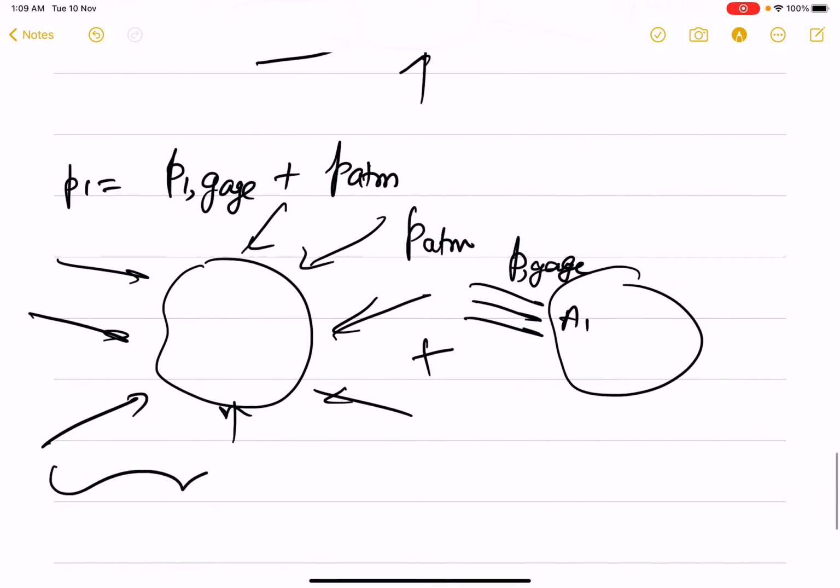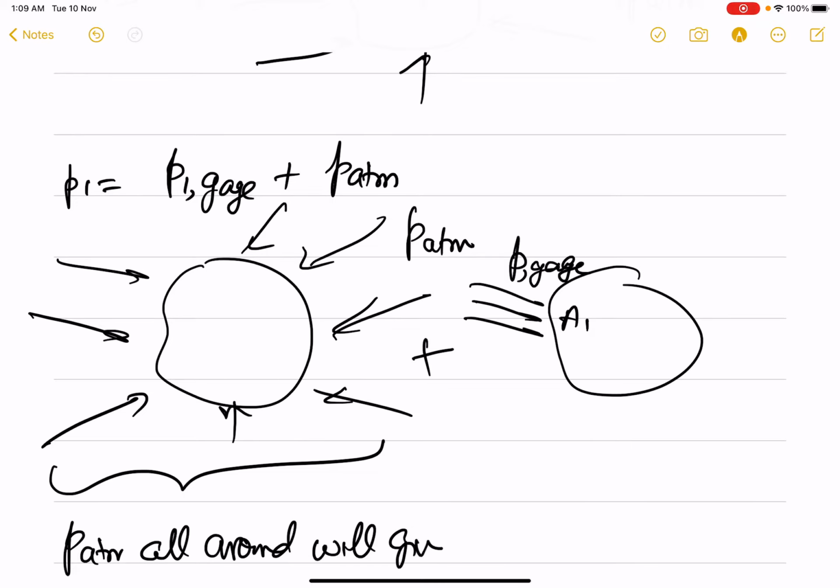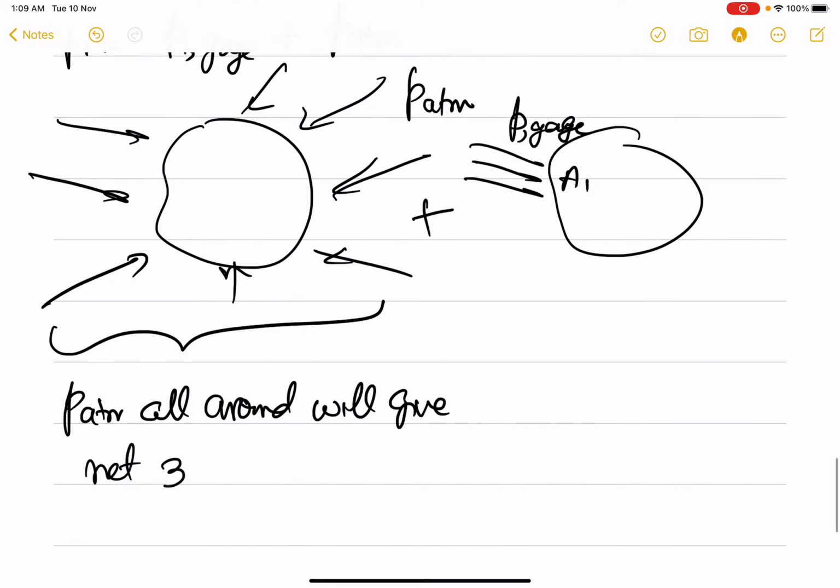Now this part, P atmosphere all around, will give net zero force on the body. I will leave this as a thought exercise for you to show that P atmosphere all around gives zero force. It's very easy to conceptualize this for a symmetric body, let us say a circle or a square. But this is valid for any shaped body, not just a symmetric body.